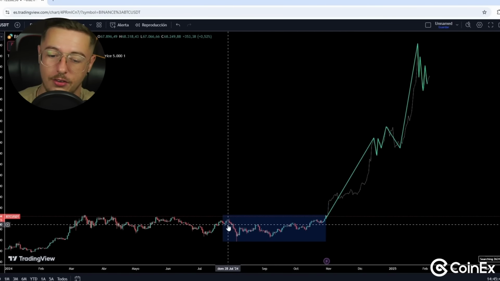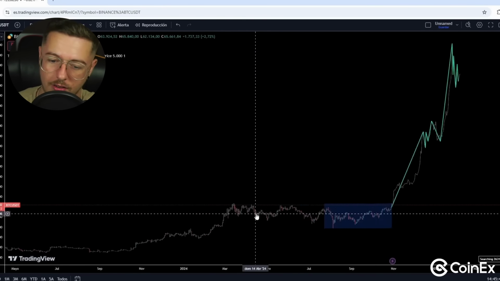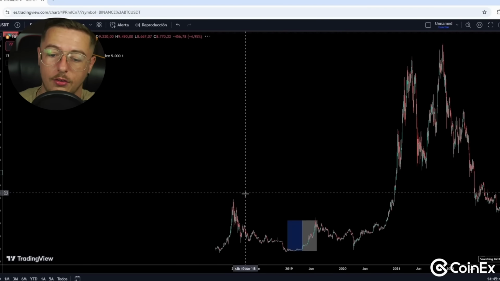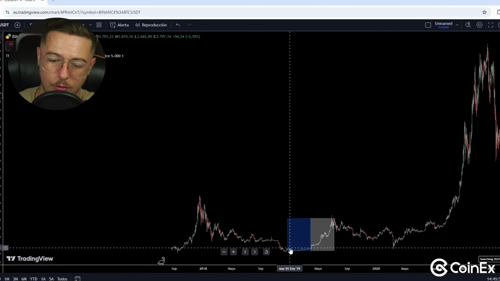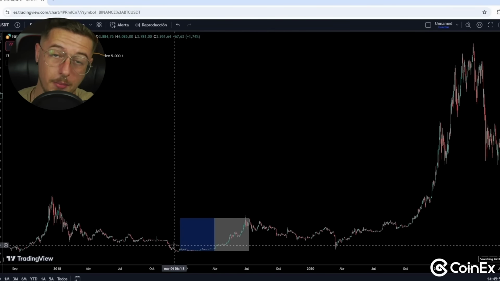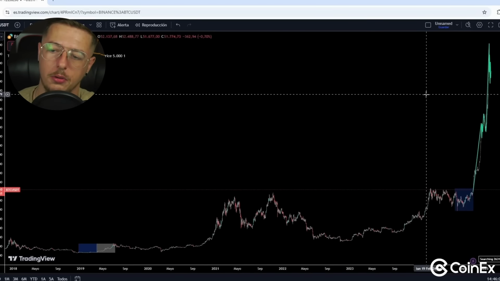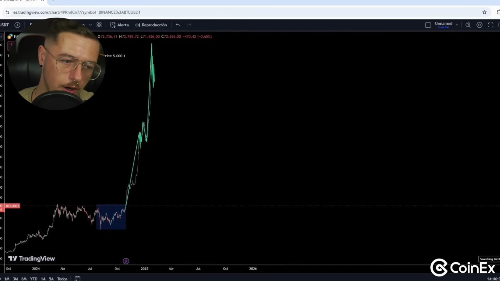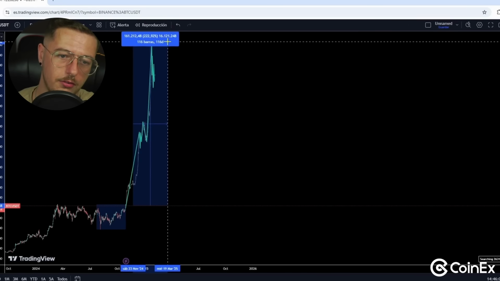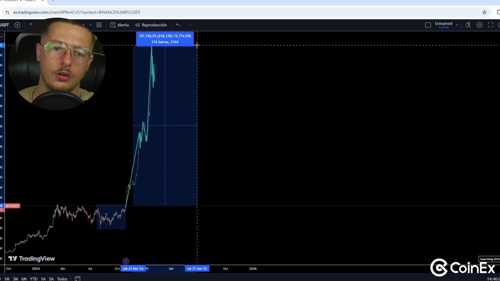But obviously the last time we had a correlation like this was when the price was down here, and we're talking about when it was at $4,300. So the last time we saw something similar, what happened was it went bagaboom, went straight up, and we're talking about it would rise more or less 280% from where we are now, from 72,000.